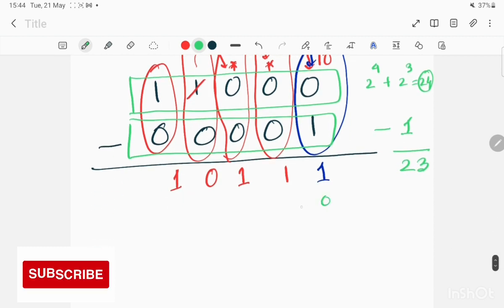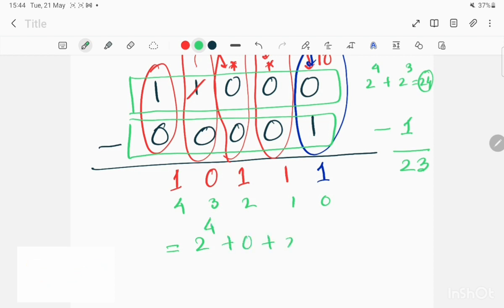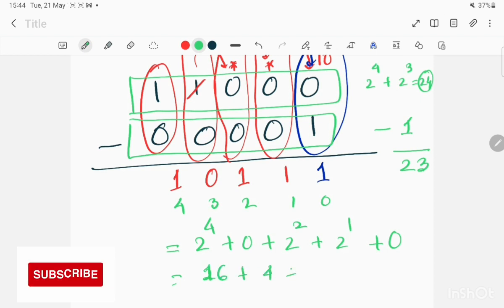So here it is 0, 1, 2, 3, 4. So this is equal to 2 to power 4 plus 0, 2 to power 2 plus 2 to power 1 plus 2 to power 0.